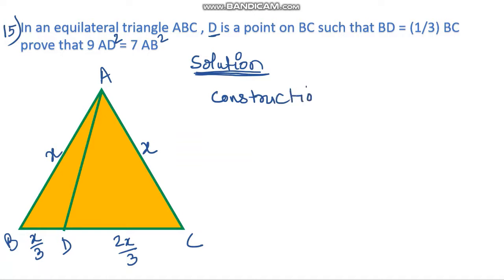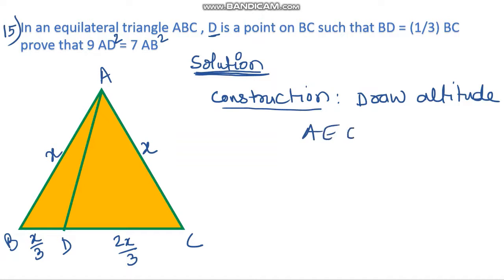Our construction here will be to draw altitude AE on side BC. First let us draw an altitude. Now see children, I have drawn an altitude AE. So you can say that this is 90 degree.